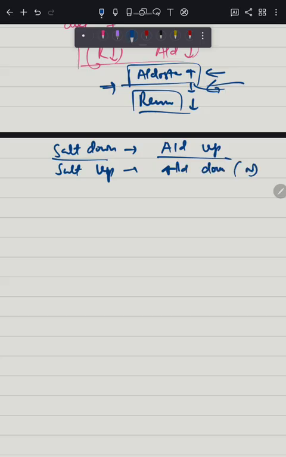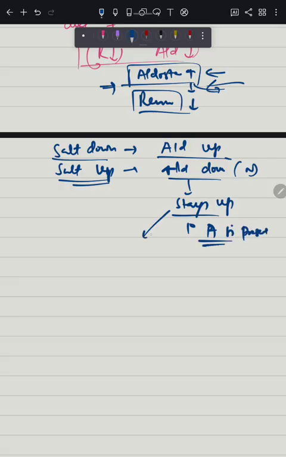But if you are increasing the salt diet and aldosterone stays up, then primary aldosteronism is present. That is the basis of confirmatory testing. When you give a saline load and other things, you want to give suppression tests to confirm the disease.